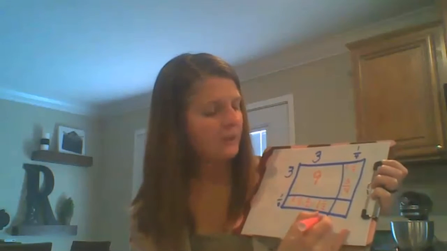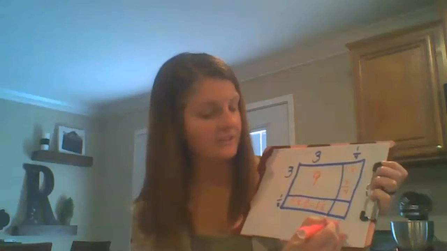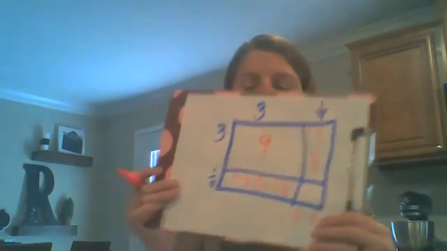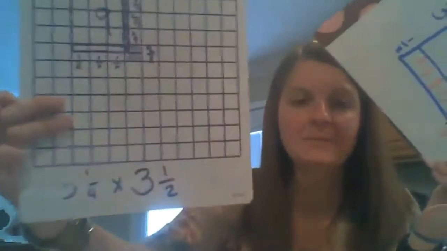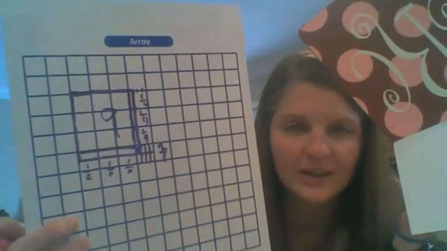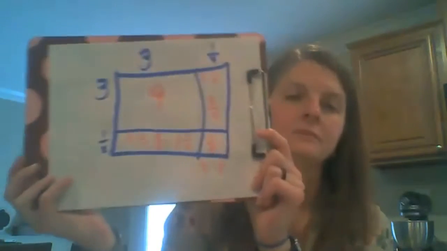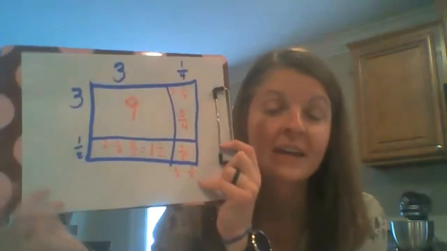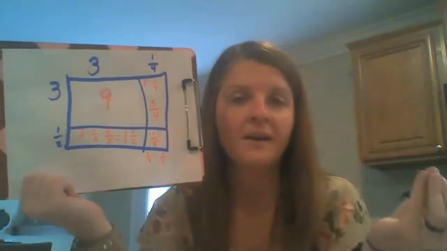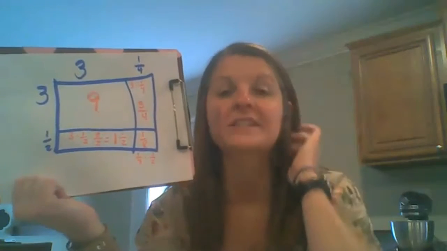And then yesterday, we talked about multiplying fractions. So in this box right here, we're going to look at 1/4 times 1/2, and we determined in our picture that that would be 1/8. Now, we have a whole bunch of partial products, parts of this answer to add together.